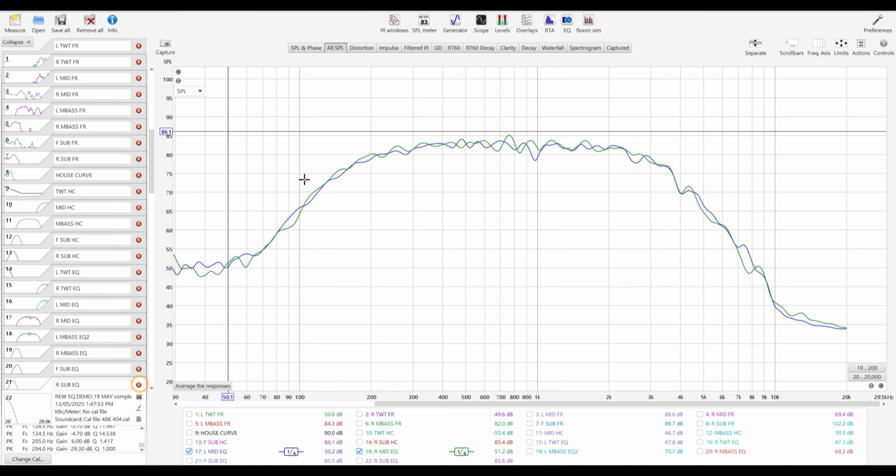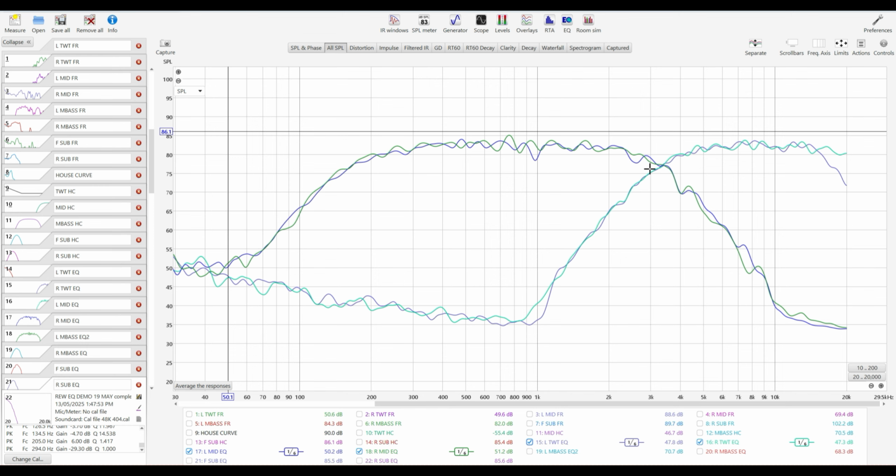But yeah, this needs more work. The idea would be that we would time align these two, and then when we come to time align and phase align the two pairs, bringing our two tweeters in, we're worried about getting the timing between the tweeters and the pairs correct through this crossover region. We're not worried about the tweeters and the mid alignment at this stage, or about aligning them through the entire sound spectrum.